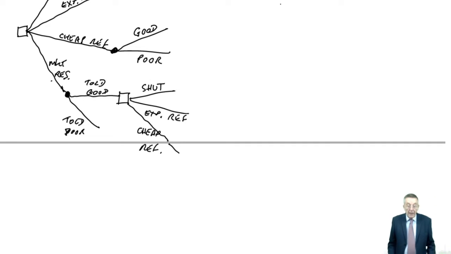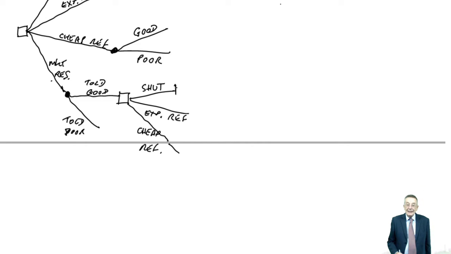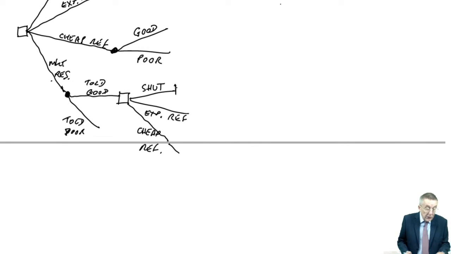So appreciate where we are. Just suppose we end up deciding to do market research. Suppose they tell us it's good. Then we'll have to decide. Maybe we'll shut and that's the end of it. Or maybe we choose to do the expensive refurbishment. But of course, even though they've told us it's good, they're not certain.